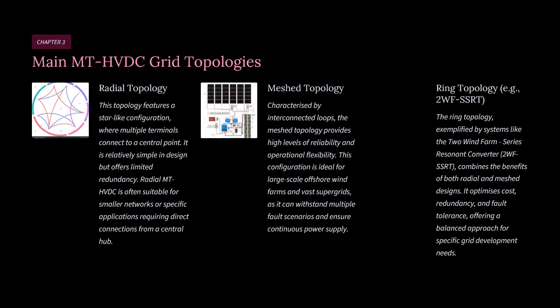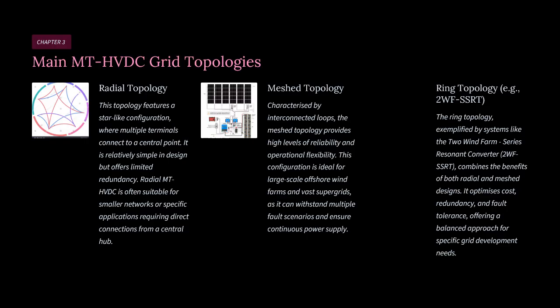Next, the ring topology, characterized by interconnected loops with a high level of reliability and operational flexibility. This configuration is ideal for large-scale offshore wind farms and can withstand multiple scenarios of continuous power supply.